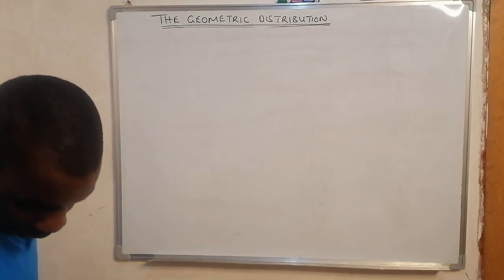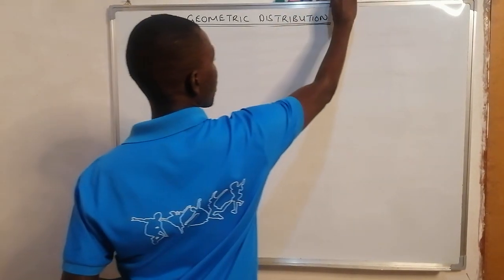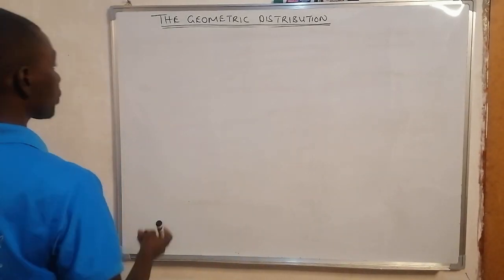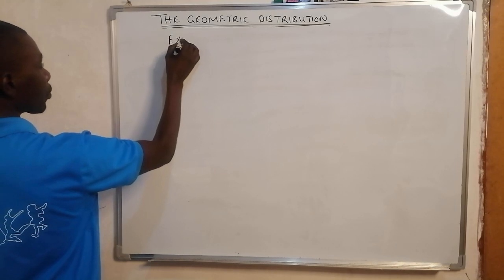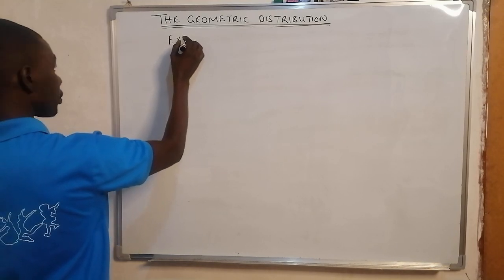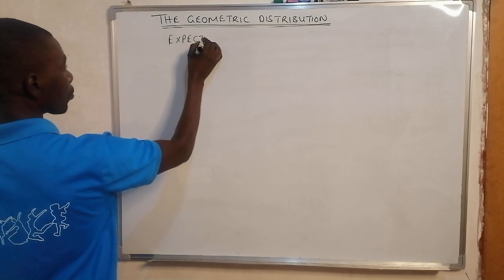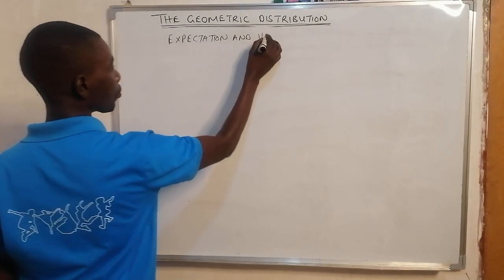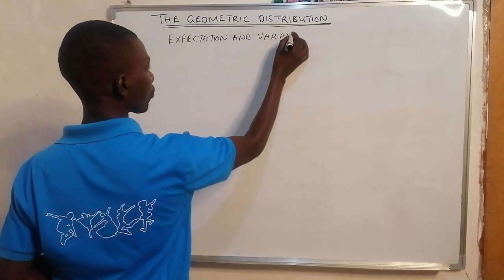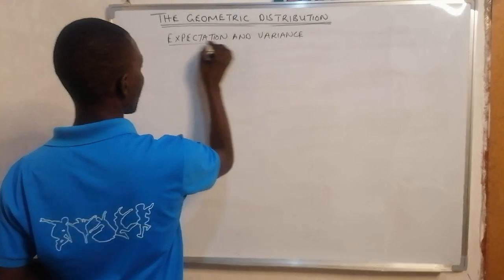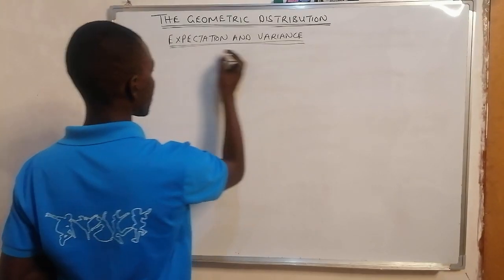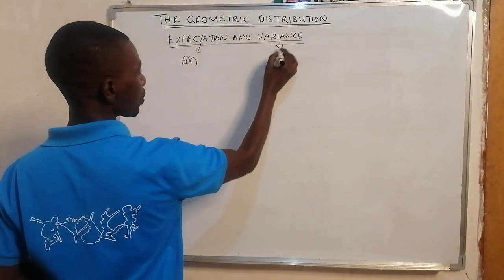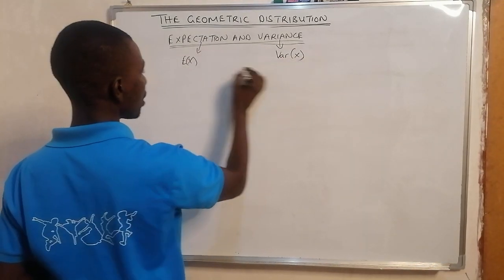Remember, expectation we can write as E of x, and variance we can write as variance of x.